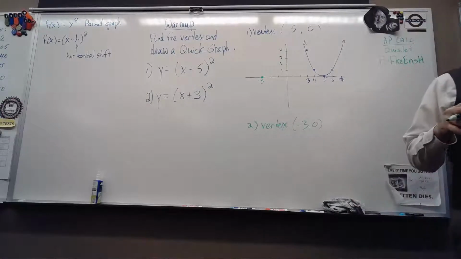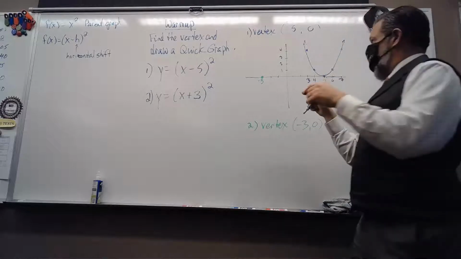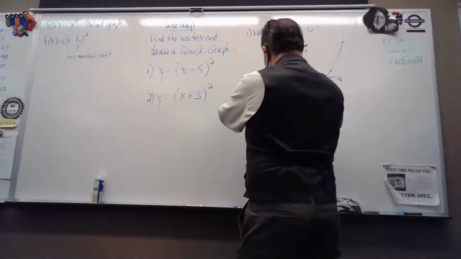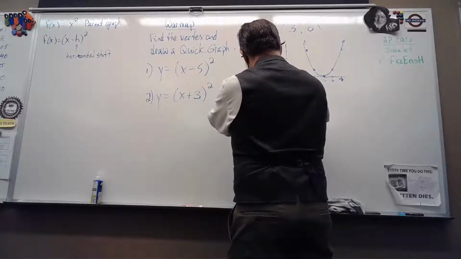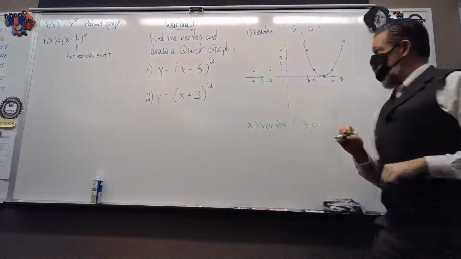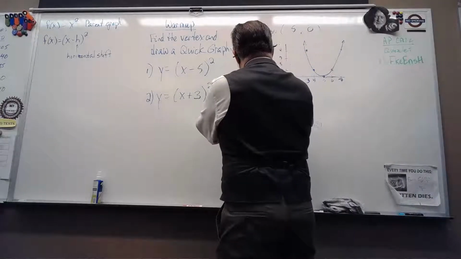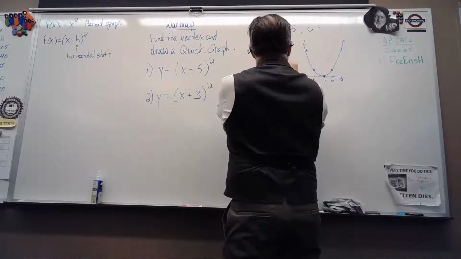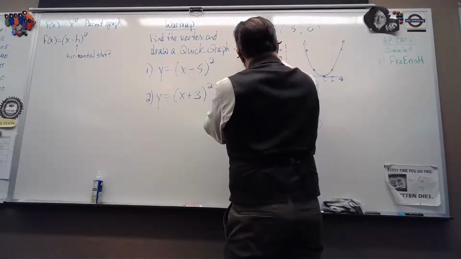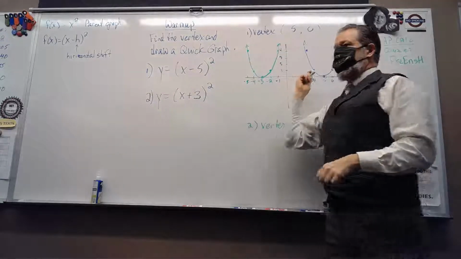Quick graph, Jared. Over 1, up 1. We're going to go out in both directions, and we're going to go up 1. What's next, Jared? Over 2, up 4. And I know what you guys are thinking: Hey, Mr. Harmony, why do we have to do it over and over again?